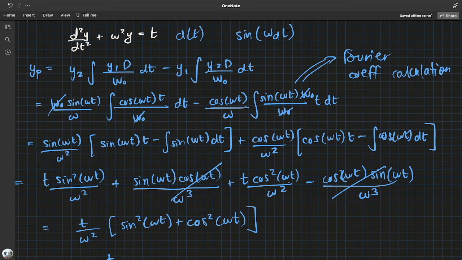Again, we don't know the bounds of integration, but this should seem like a motivation for expressing things in terms of sines and cosines, because that makes our life so much easier.